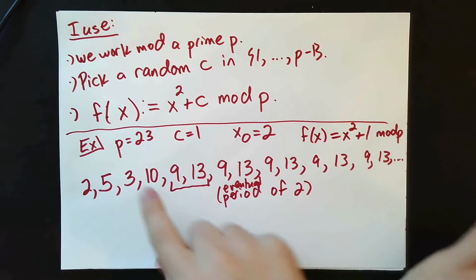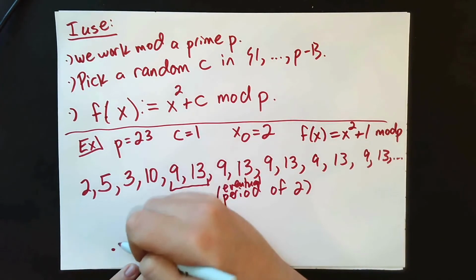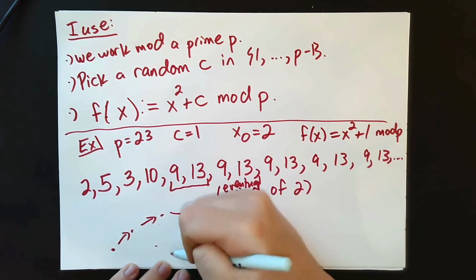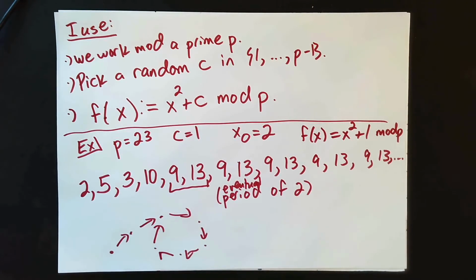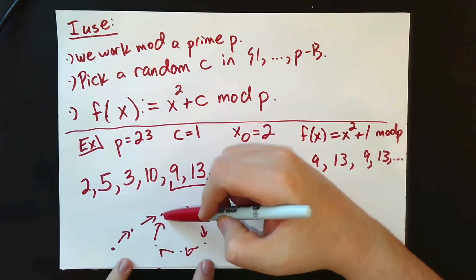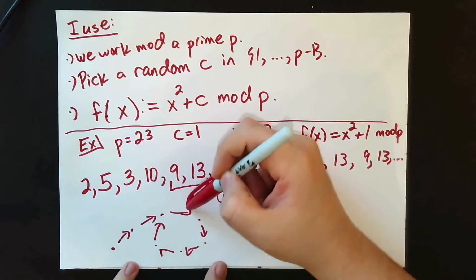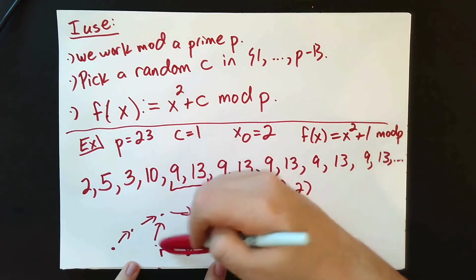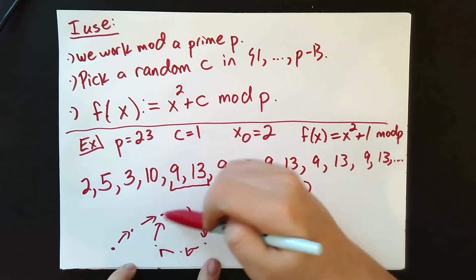And so it's always going to end up with this structure where it goes from something to something to something, and then back to something it's been before. But once it goes back to the thing it's been to before, it's going to repeat in a loop forever. And we don't know how long this loop is going to be. We just know it's always going to eventually fall into a loop.